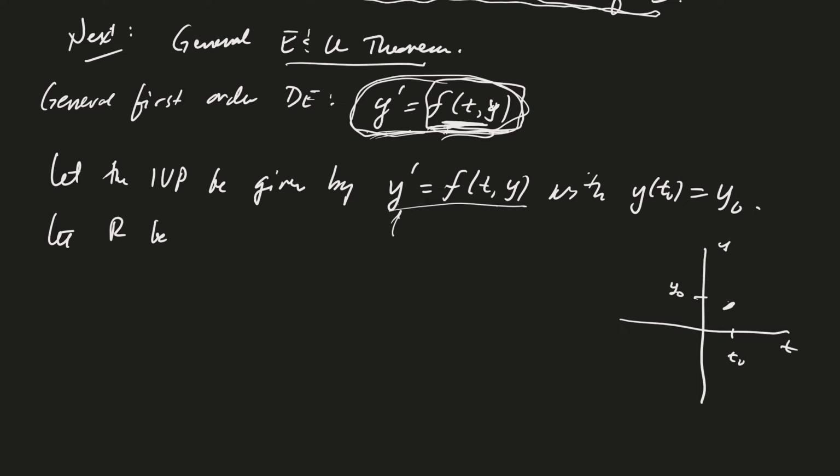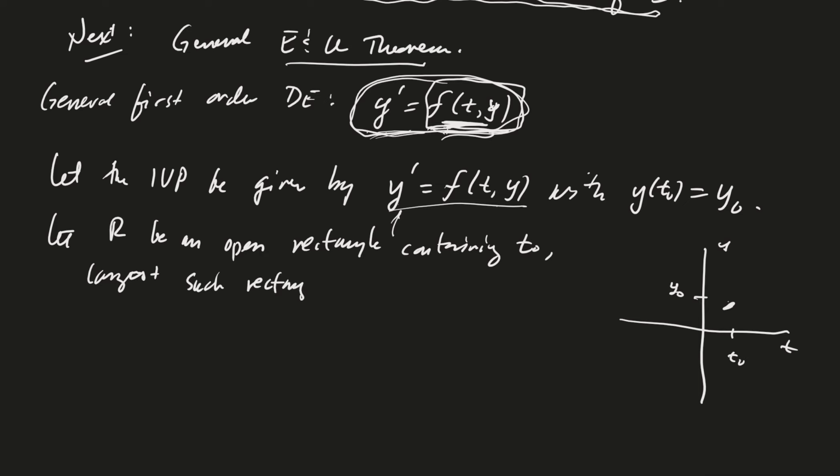So therefore, what we're going to say is let R be an, now we have to be a little bit careful. Let me pause for a second. So let R be an open rectangle containing t0, y0, and it's the largest such rectangle on which f is continuous.